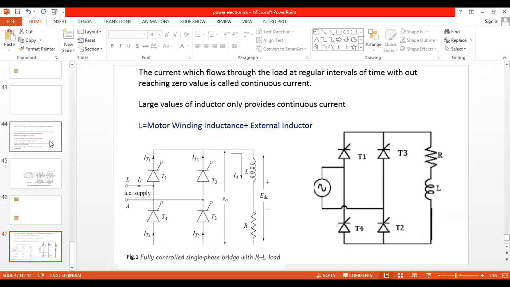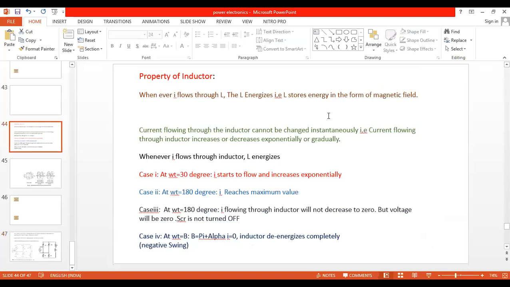So we move on to this slide. Before we study the inductive load, we should write certain points regarding the property of the inductor. If somebody asks you what is an inductor, people say the inductor stores energy in the form of magnetic field. But as an electrical engineer, what is the property of an inductor?